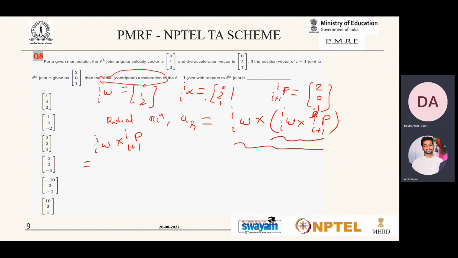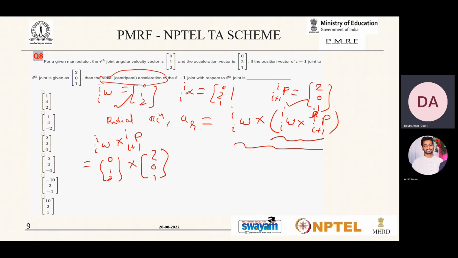This is given, yes. P is given, yes. So what will we get? We'll get 0, 1, 2 cross 2, 0, 1. This is what we have to find. So we write i, j, k, 0, 1, 2, 2, 0, 1. So this is nothing but i.